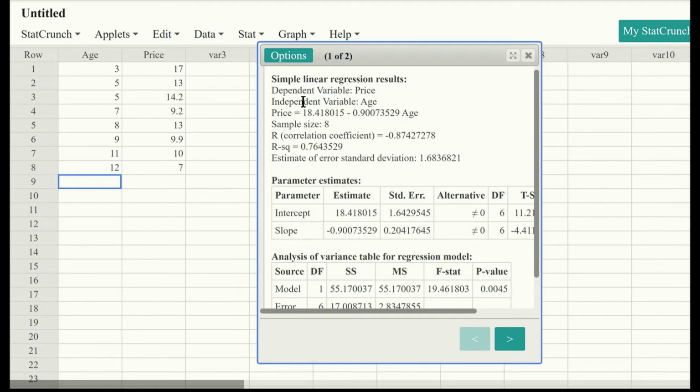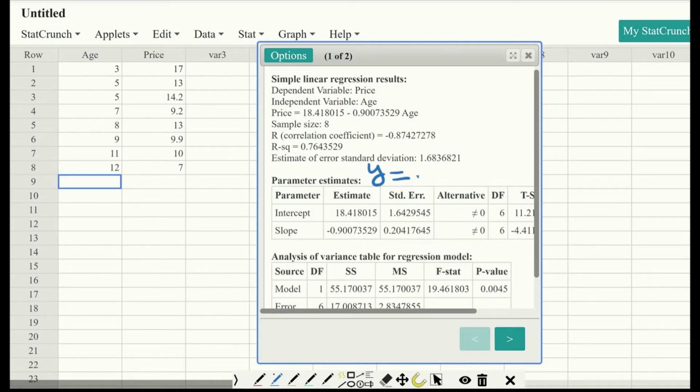And here is the basic equation, right? Remember that if we replace the price with y and age with x, we'll get this equation. Y equals, so instead of price, we're putting y, and instead of age, we're going to put in x, right? So let me go ahead and write the mx first.